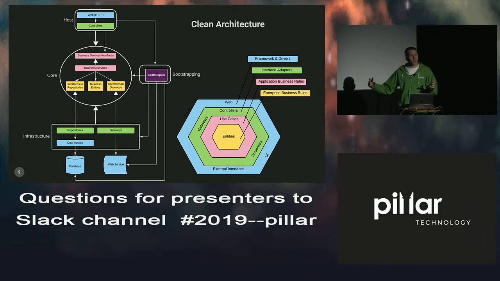Pulling that out makes it nicer because then you see very specifically that the host is dependent upon the core, and the infrastructure is dependent on the core as well because it's implementing those interfaces, and then we go out to the outside world. So that's layered architecture, nuts and bolts style.